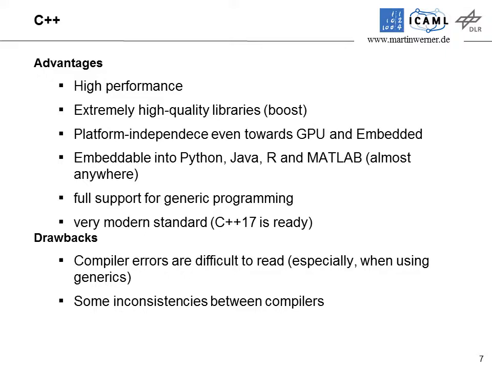But it's a first-order citizen for Python and R. So when you are into C++, you will soon implement your core algorithms, the thing you really care about, in C++, and use Python or R, depending on the context, to do all the interfacing, including plotting and whatever. And it has full support for generic programming, so when you learn it right and when you have experience, you can write your algorithm in terms of concepts. So you write it exactly once, crossing all the mentioned programming languages.